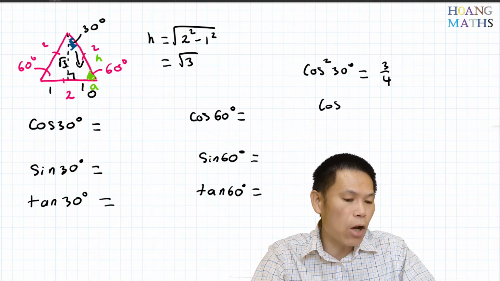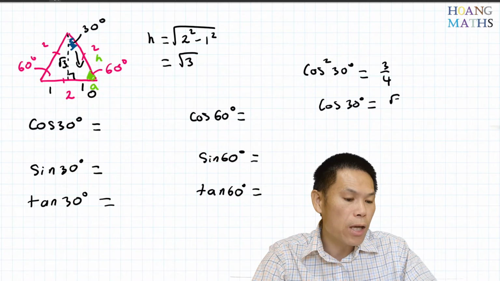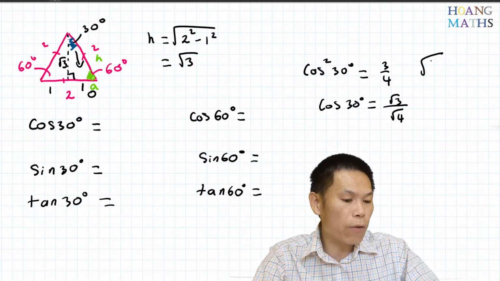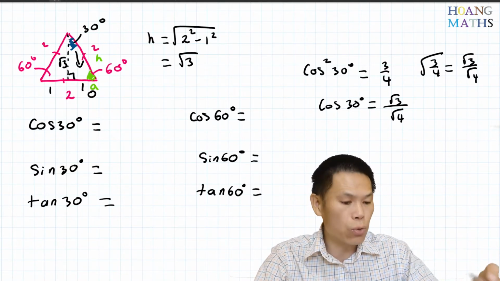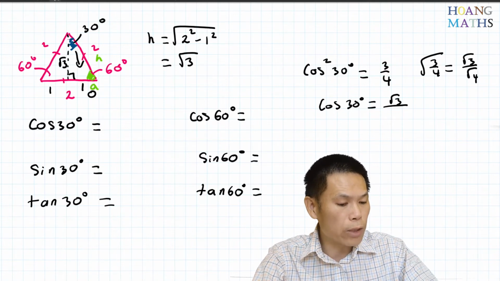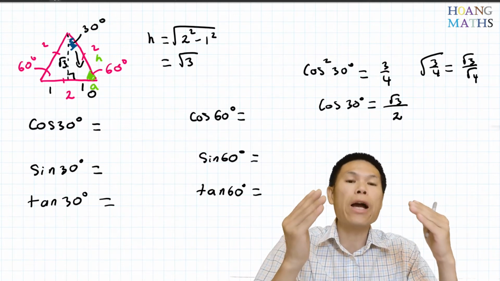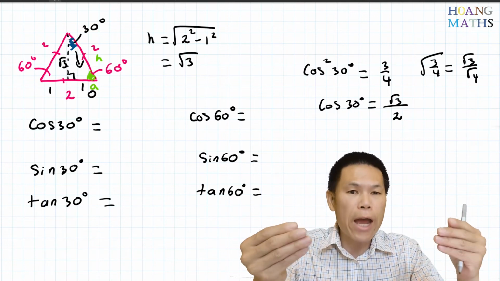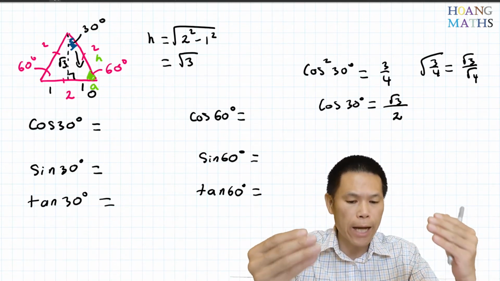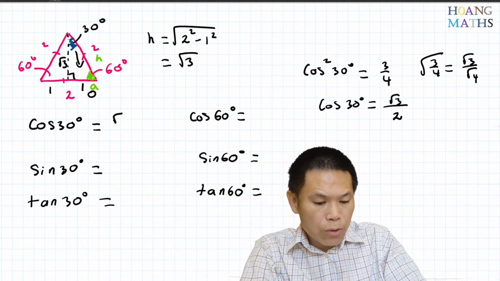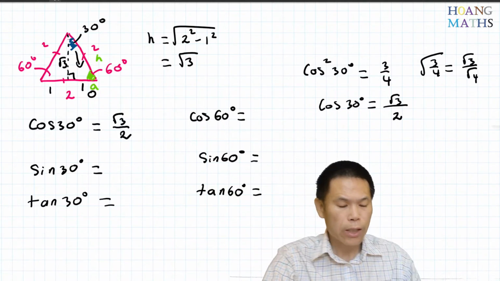So this means that cos of 30 degrees equals square root of 3 over square root of 4. Because square root of 3 over 4 is the same as square root of 3 over square root of 4. But square root of 4 is 2. So therefore, root 3 over 2. So you don't have to remember it. And you don't have to draw a triangle out if you know how to use the calculator. Okay. So this is root 3 over 2.